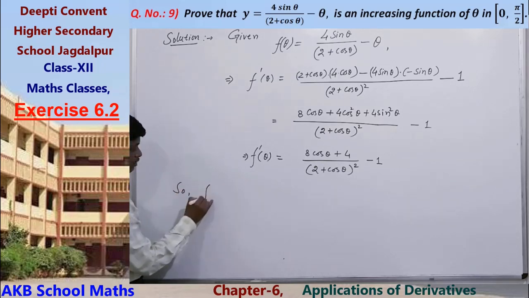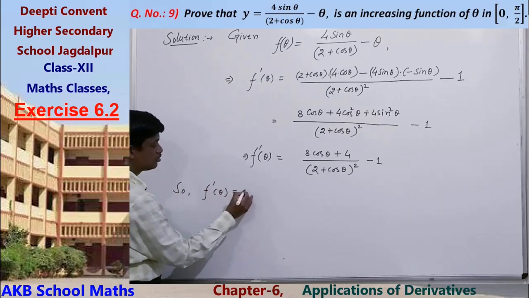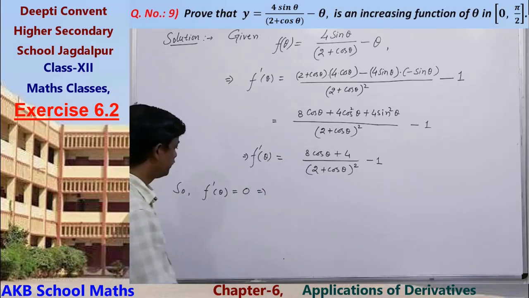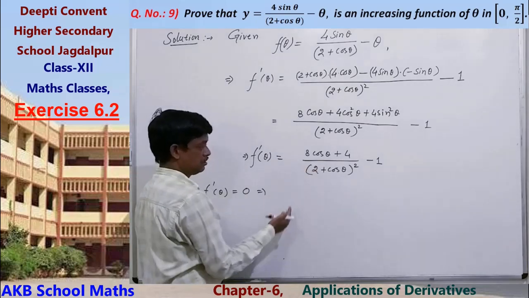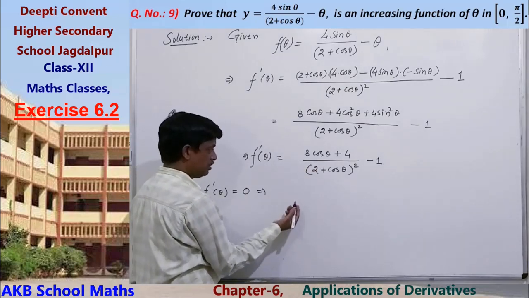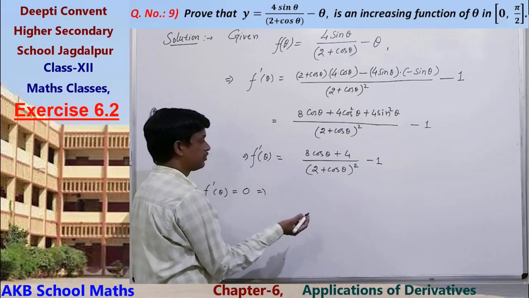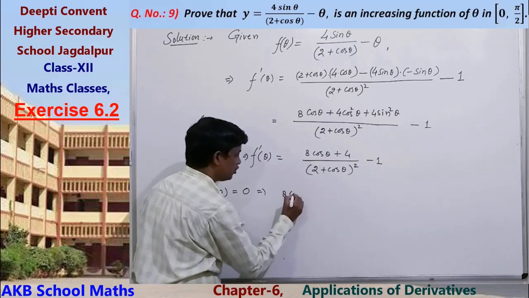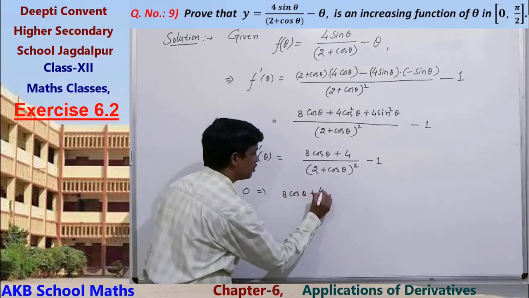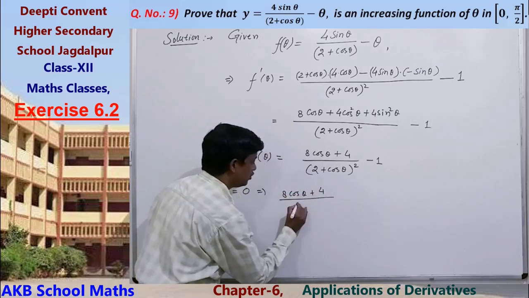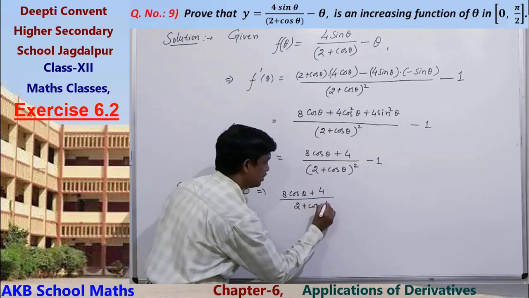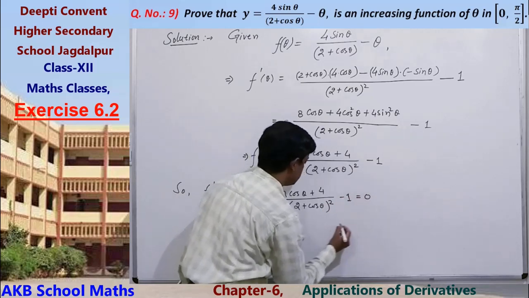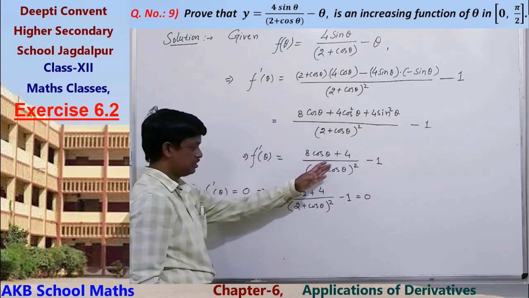So f dash theta is equal to 0. Taking this equal to 0, we have to find the value of theta. So f dash theta equals 0, then solve it. 8 cos theta plus 4 upon 2 plus cos theta whole square, minus 1, is equal to 0.